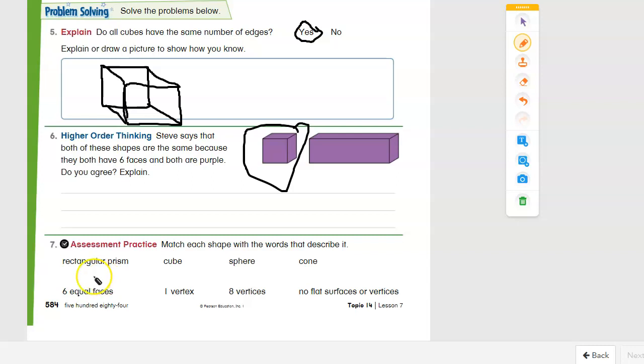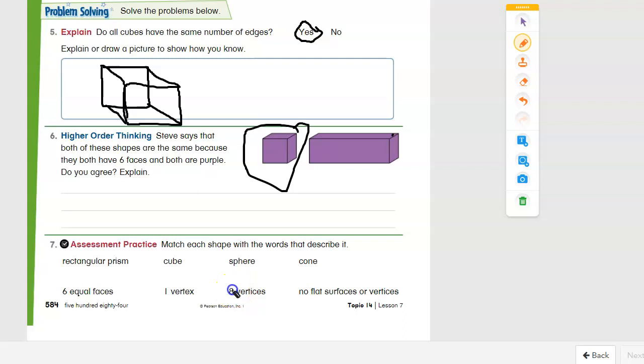So you need to be very careful when answering number 7 because a rectangular prism does have 6 faces. It does. But each of these shapes have to match with a description. So which description best suits a rectangular prism? Well, a rectangular prism has 1, 2, 3, 4, 5, 6, 7, 8 vertices.